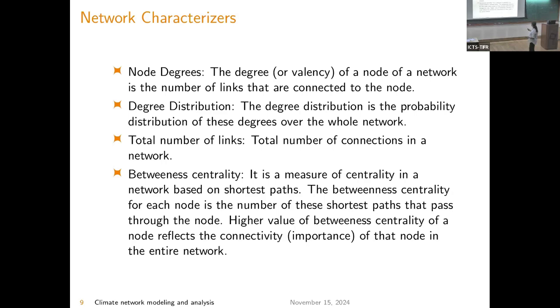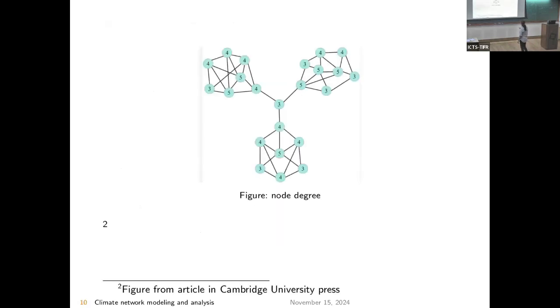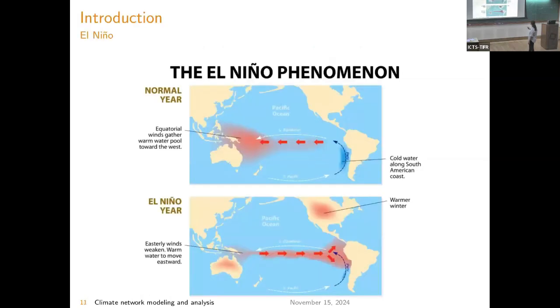The value of the betweenness centrality of a node reflects how important that node is. This is a basic example of such a network, where the number represents the node degree, and from it you can calculate the total number of nodes, the distribution of these degrees, and also the betweenness centrality.